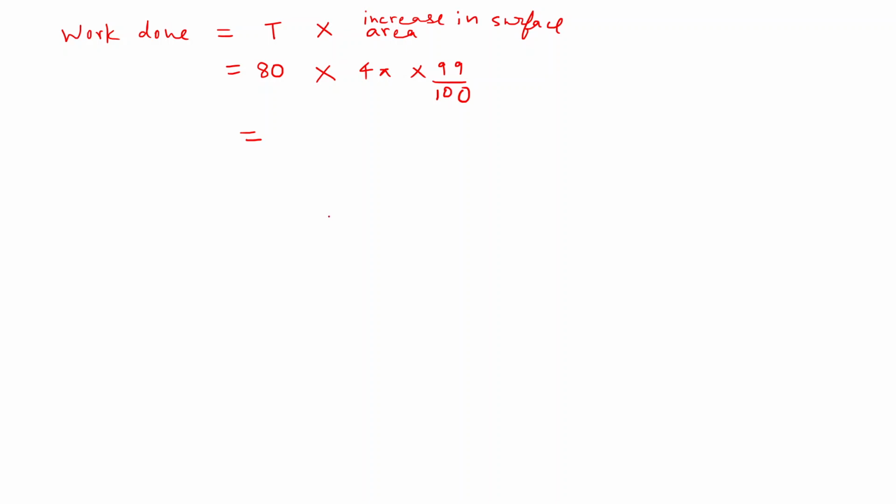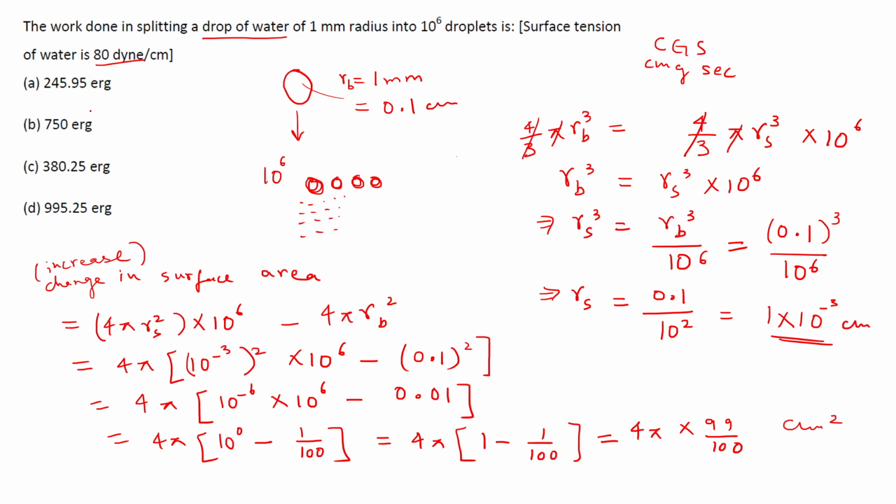I took pi as 3.14, and then my calculation is giving me work done 994.752. Again, you need to take care of significant digits.